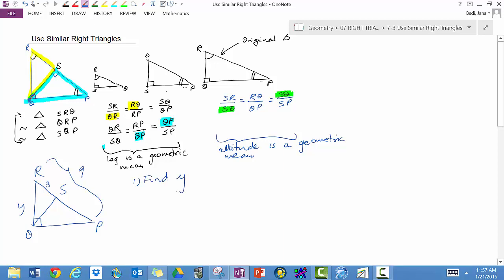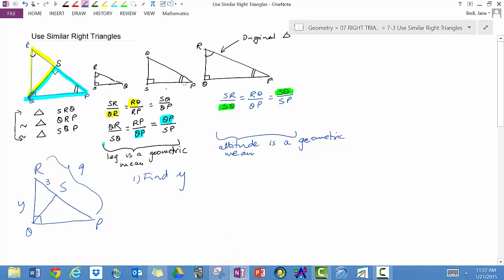Y. So since this is a right triangle with an altitude, you ask yourself, oh, it's a leg. The leg is the geometric mean between the part of the hypotenuse that touches us and the whole hypotenuse. And if you want to write your equation where Y is the geometric mean, remember, Y needs to go in the means position, and it is the mean between 3 and 9.